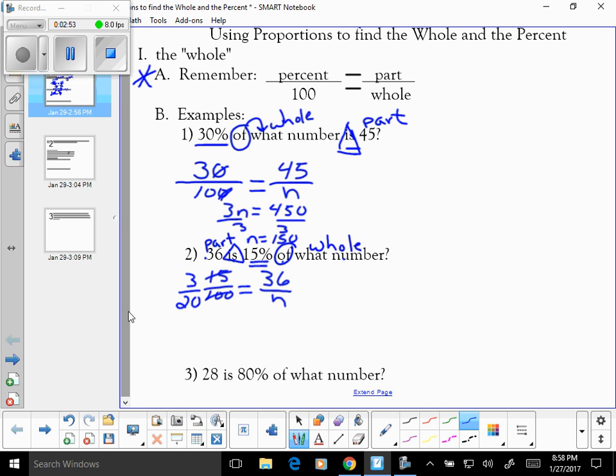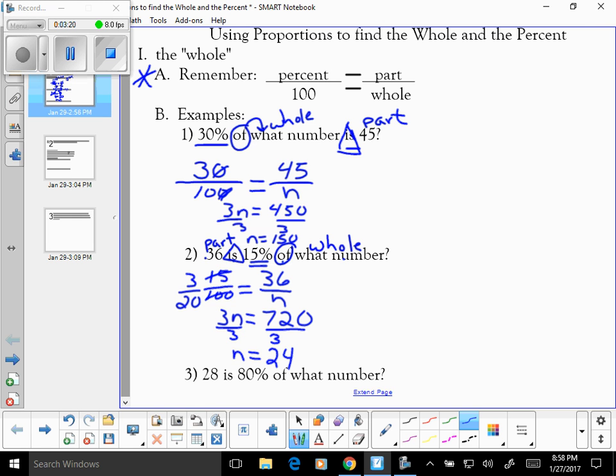Cross product. 3 times n is 3n. Now, 2 times 36. 2 times 36 is 72. And then the 0 from the 10 part of the 20. You have a one-step equation here. Divide both sides by 3. 3 into 72 goes 24.